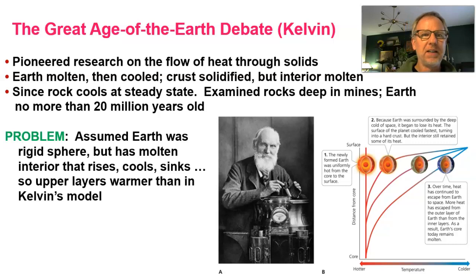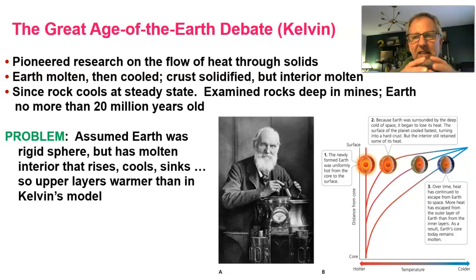But Kelvin assumed that the Earth was a rigid sphere. What he didn't know is that the Earth has a molten interior that rises towards the surface, cools, and then sinks again towards the interior.